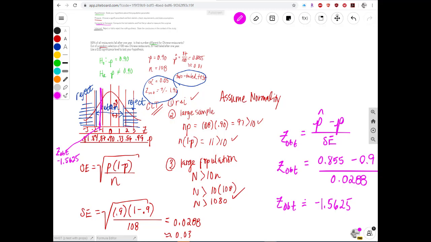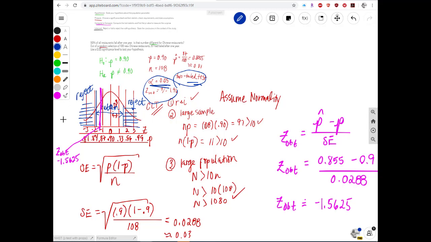Now I need to check my alpha. Before I do, I want to remind you of one thing. Back here, we said that our alpha was going to be 5%, right? We have an alpha of 5% for a two-tailed test. So with a two-tailed test, this section and this section make up 5%. So they have to be distributed equally.